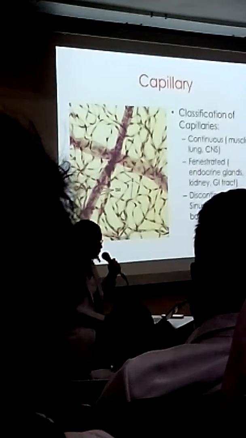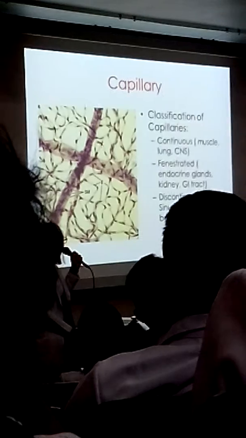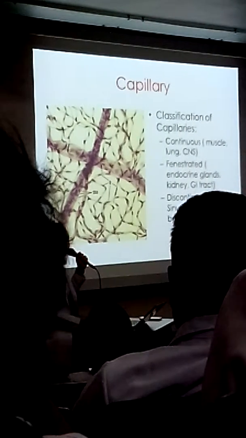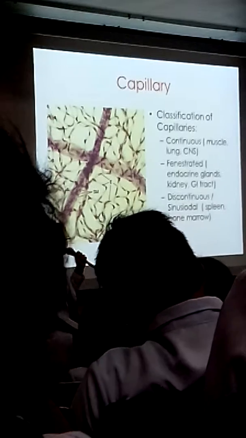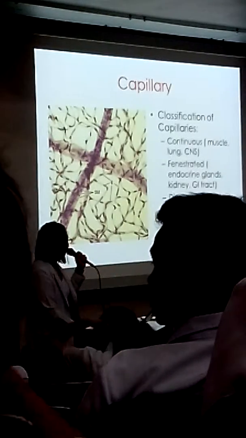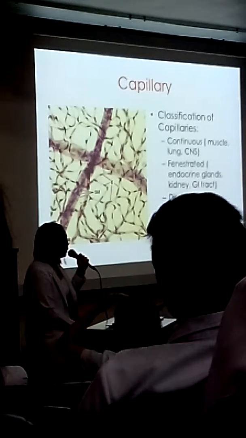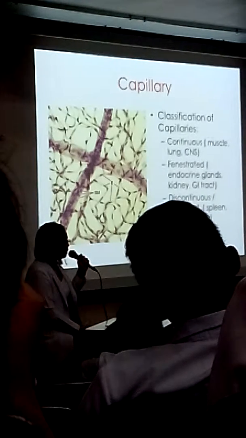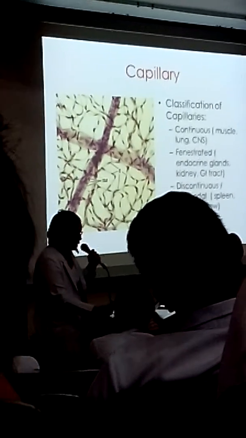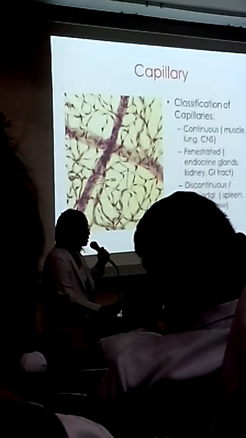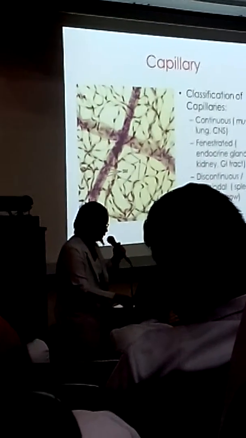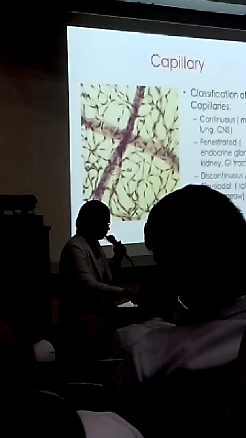So be sure to differentiate the 3 types of capillaries: continuous, fenestrated, and discontinuous or sinusoidal type. However, in the laboratory, unfortunately, we don't have these specimens. So what are pericytes? So be sure to know what pericytes are.